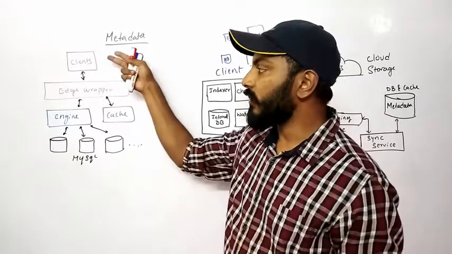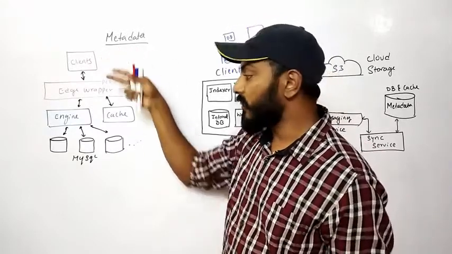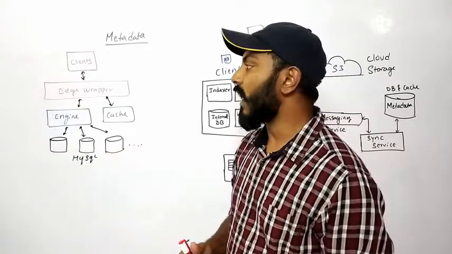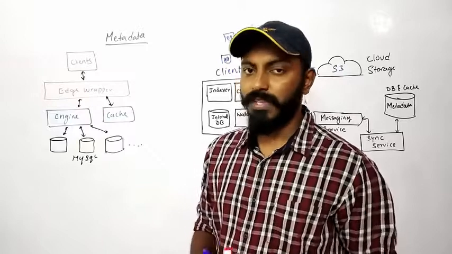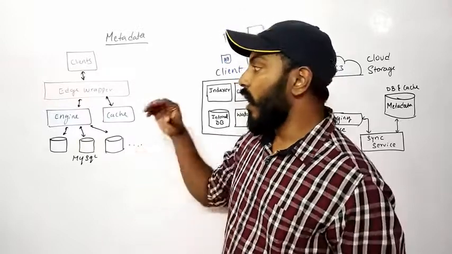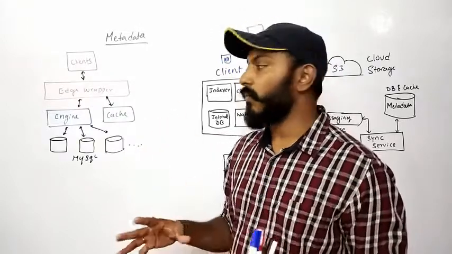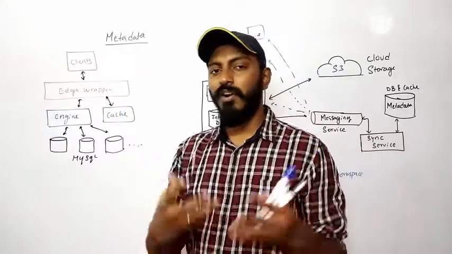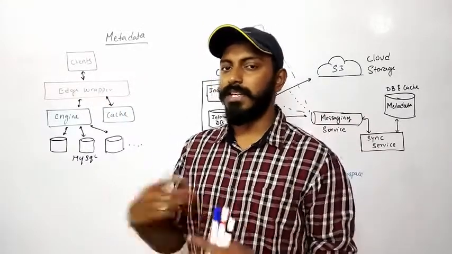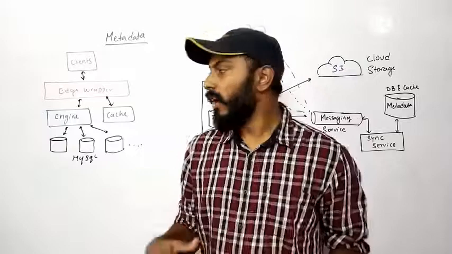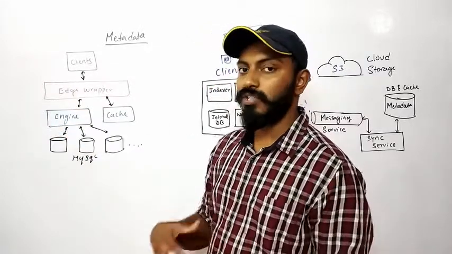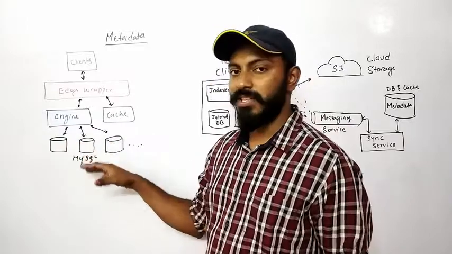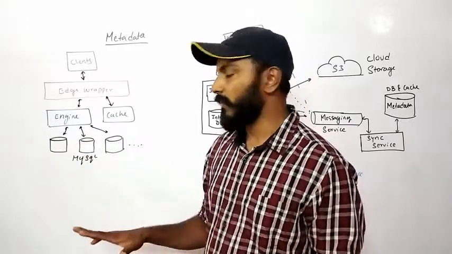Instead of the clients directly interacting with the database, they started to interact with the Edge wrapper, which provided an ORM, that is Object Relational Mapper, which is kind of abstracted away, right? So the clients just use this ORM and interact with the database. How easy it is, right? And they have an engine which transforms all these ORM calls and then interacts with MySQL. Everything happens internally.